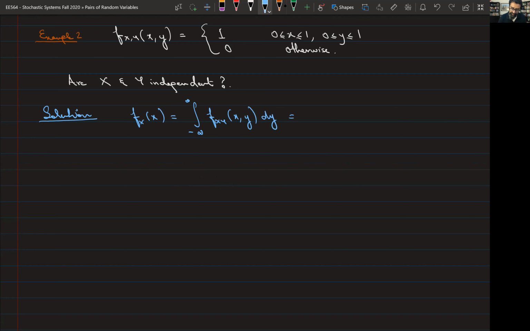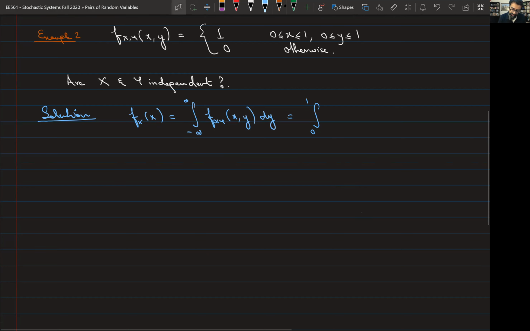And therefore this is 0 to 1, because as long as y is between 0 and 1, that's the only place where the joint PDF is equal to 1, and 0 otherwise. So this is the integral of 1 dy, and this is 1. Okay, so is the conclusion that f_X of x equals 1? Is that the conclusion?